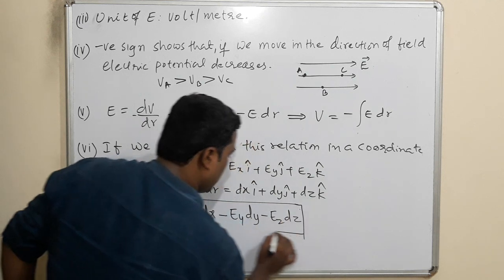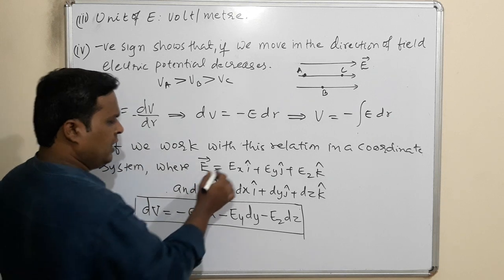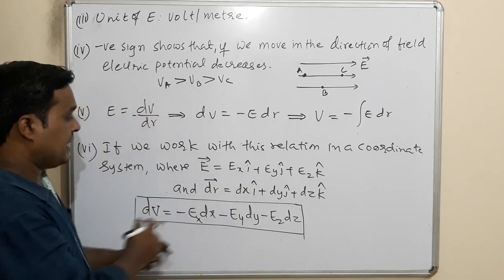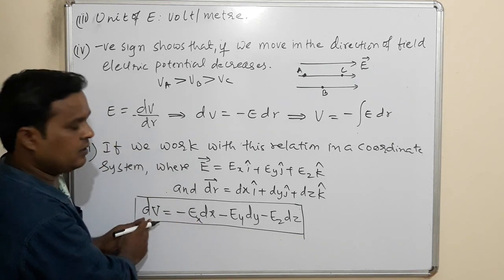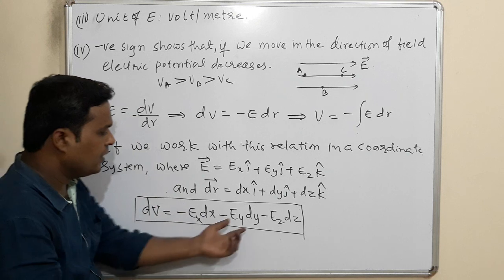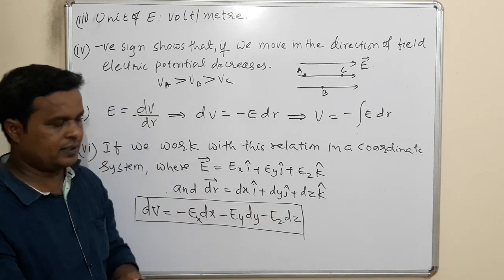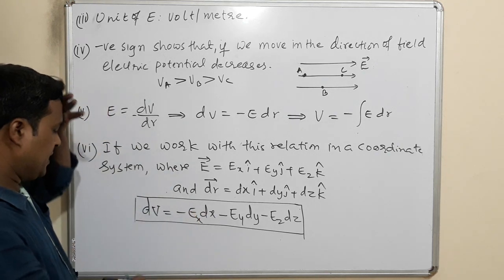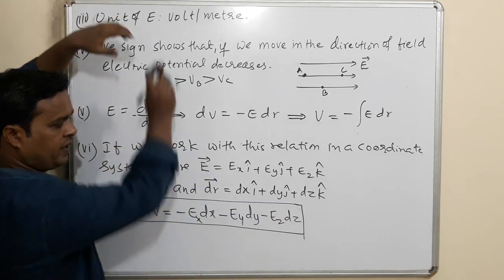Suppose I want to find only the electric field in the x direction, the component Ex. Then I will differentiate this potential function only with respect to x, keeping y and z constant. Try to understand. This relation, this dV, is now in all three components.